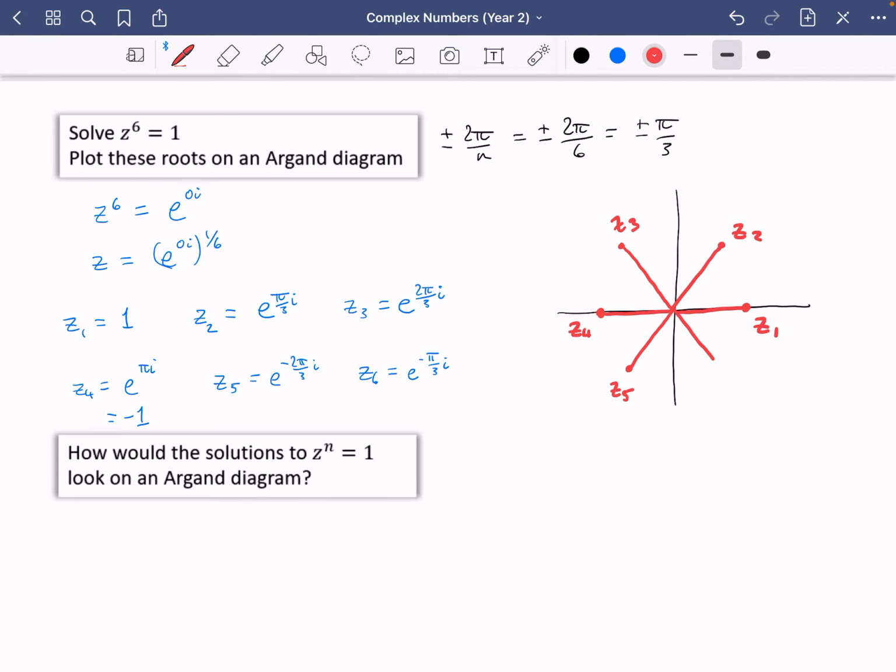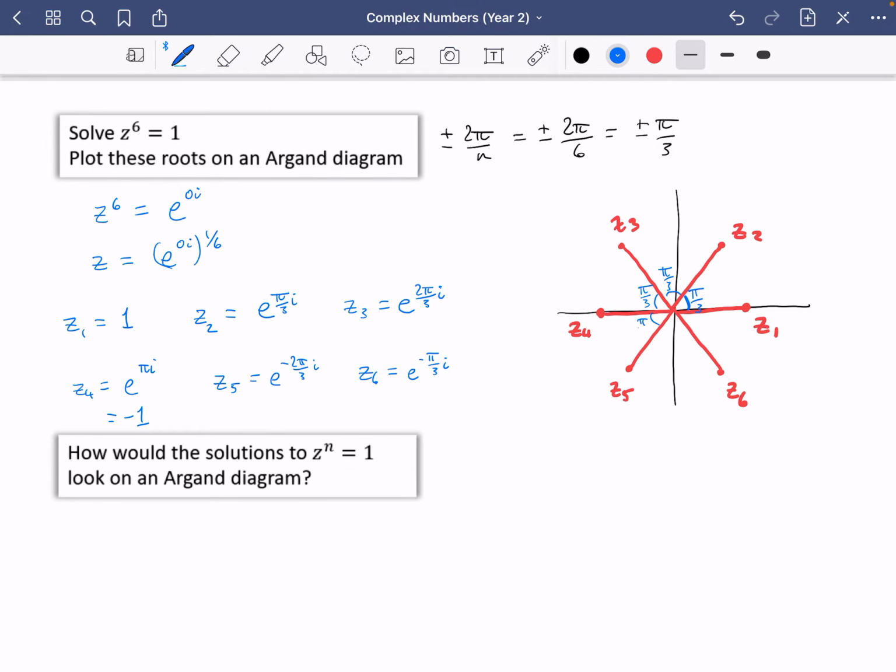And z6 is going to be over here, which is at minus pi over 3. And we know that the angle between all of them is pi over 3, because each time we were adding on pi over 3, so the gap between them all must be pi over 3.